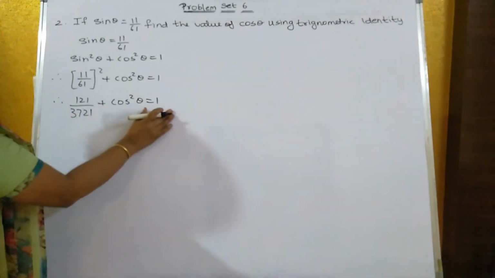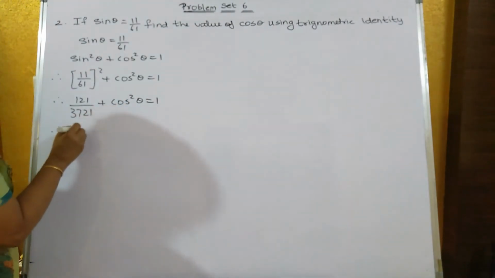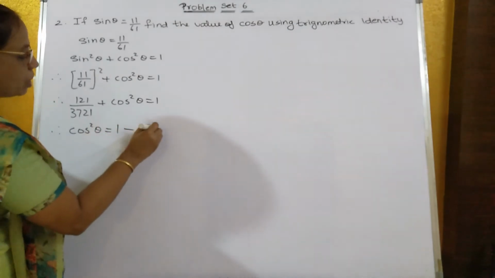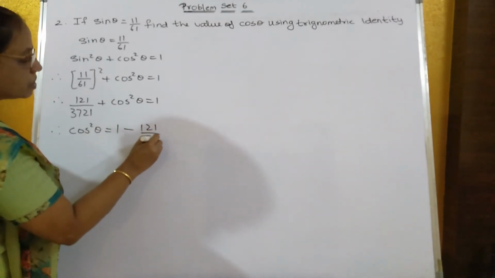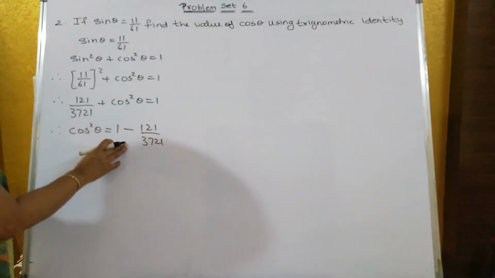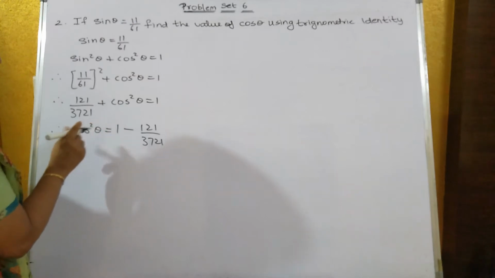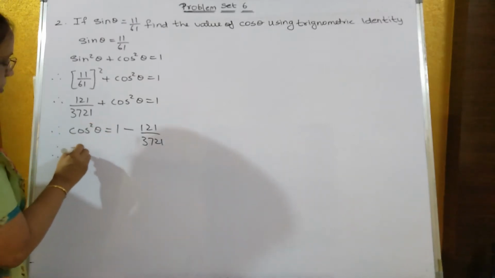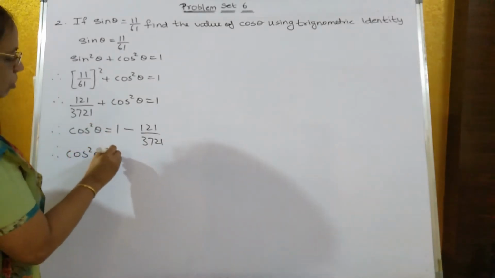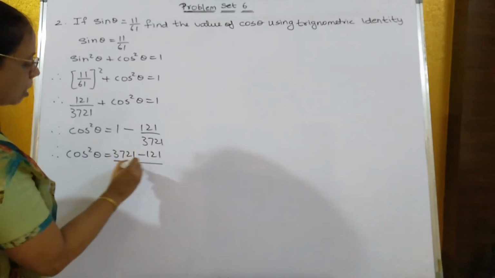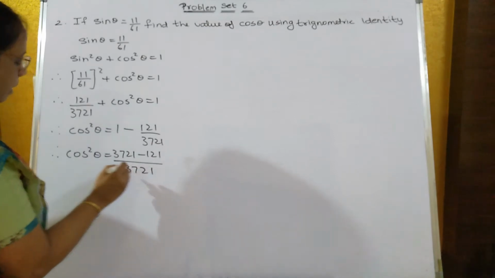Now take this on the right hand side. So what you will get? Cos square theta is equal to 1 minus 121 upon 3721. Now equalize the denominator, multiply 3721 into 1. So cos square theta is equal to 3721 minus 121 upon 3721.